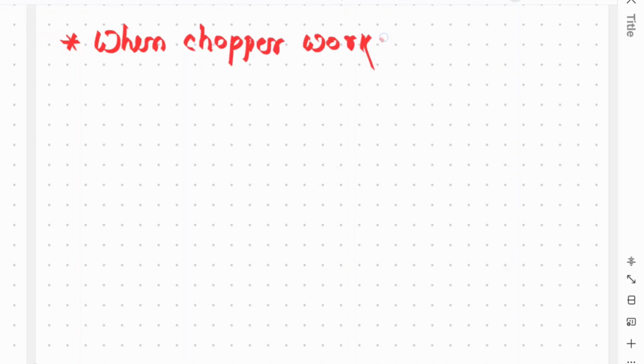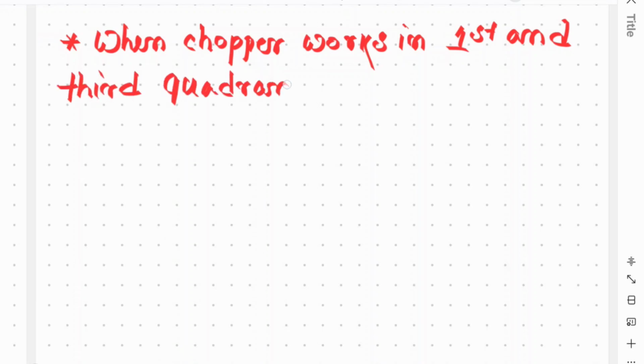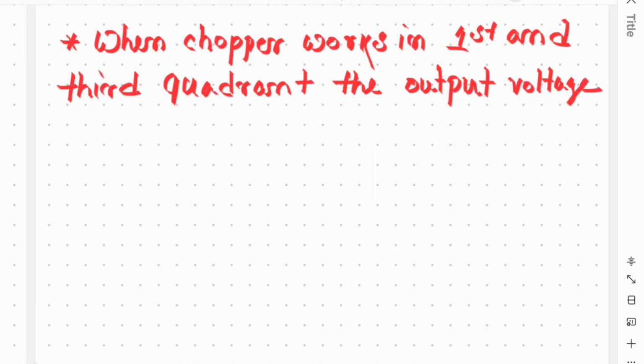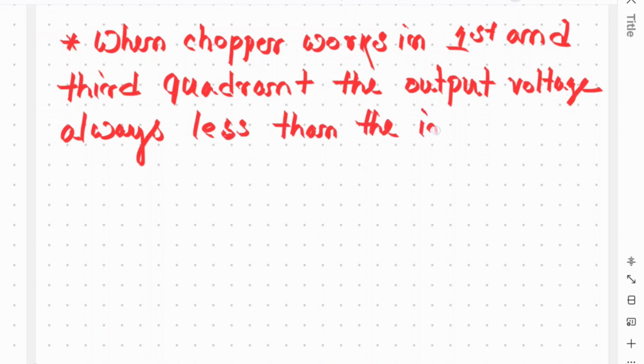Okay, now some important observations. When the chopper works in the first and fourth quadrant, the output voltage is always less than the input voltage.